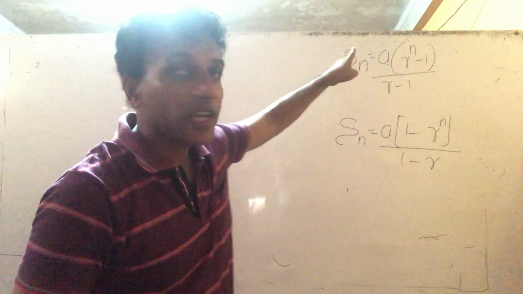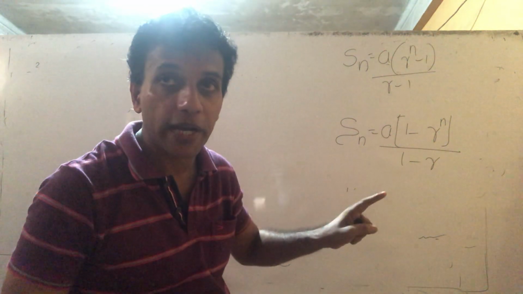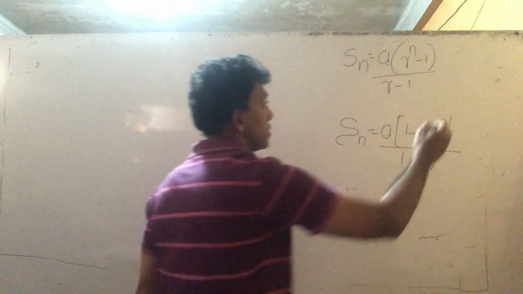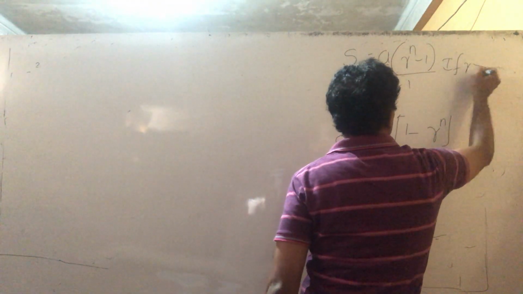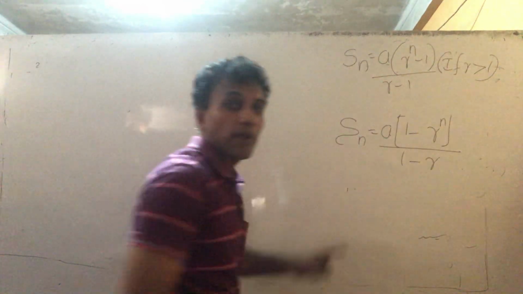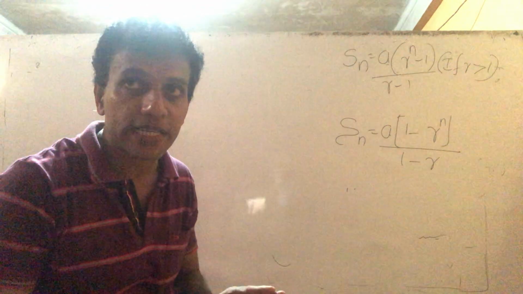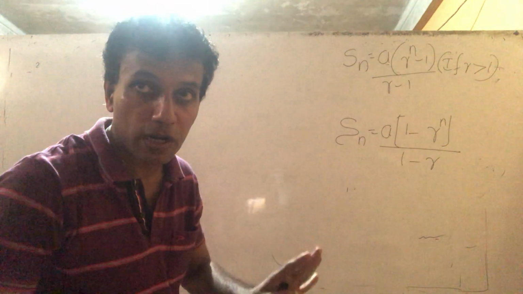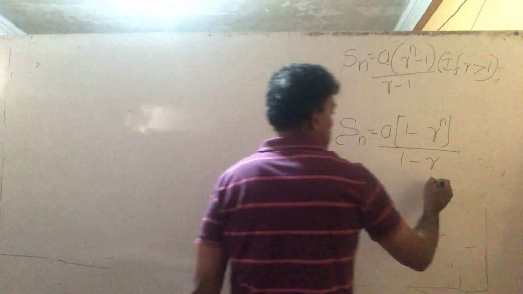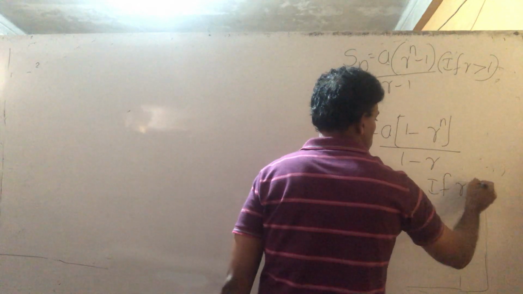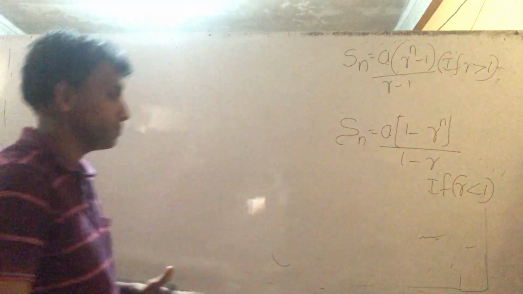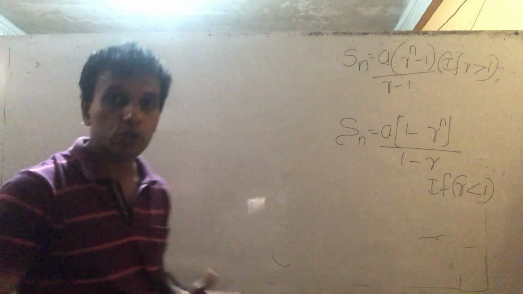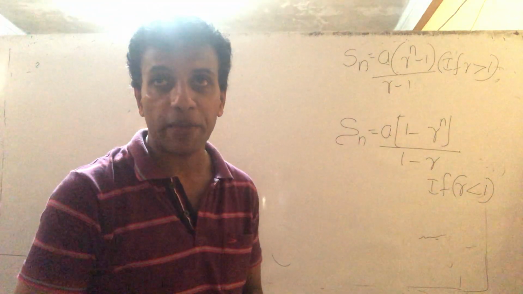The first one we can use when the common ratio is more than 1, in brackets, if r greater than 1 only, that is applicable. Here, for r less than 1, this formula is applicable. It's the method of how to use this in GP summation problems.